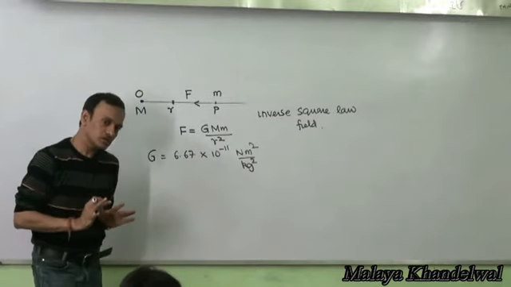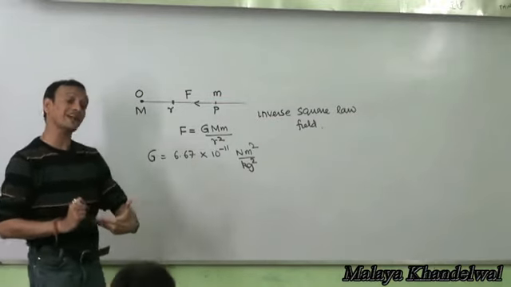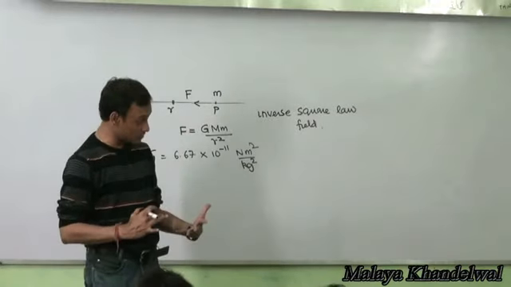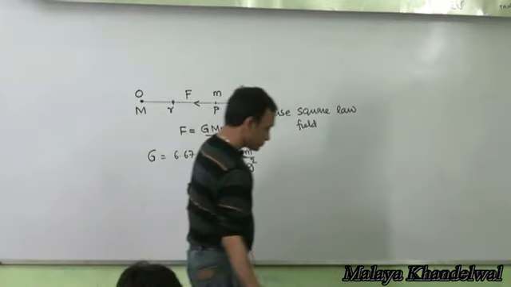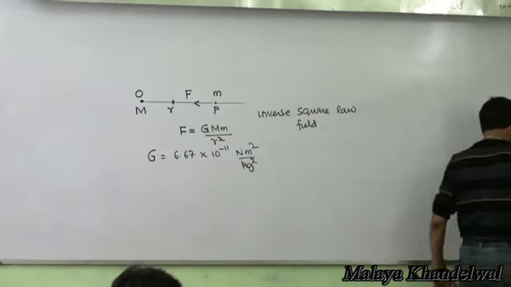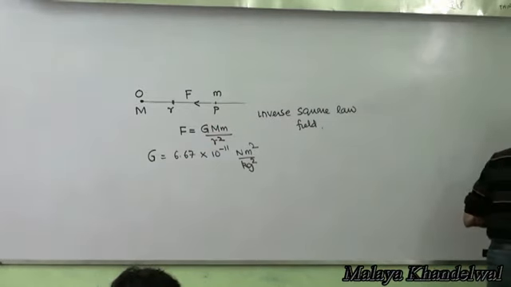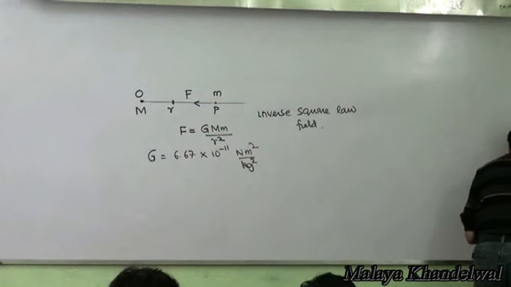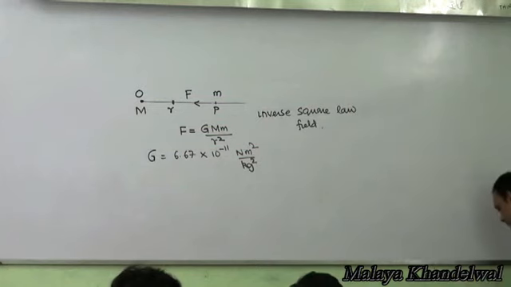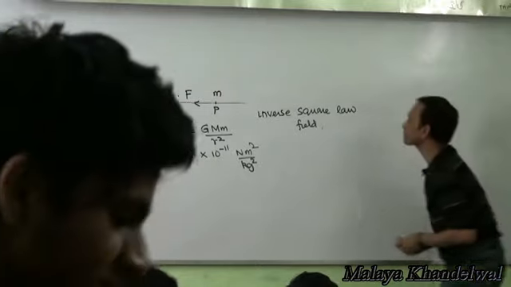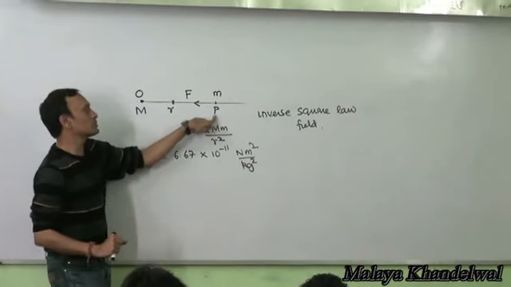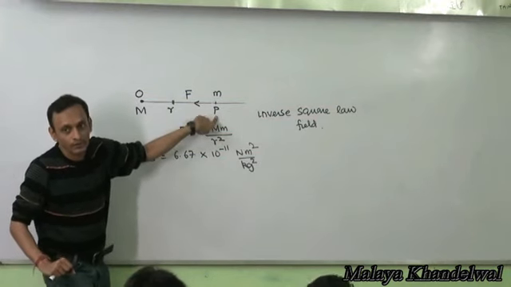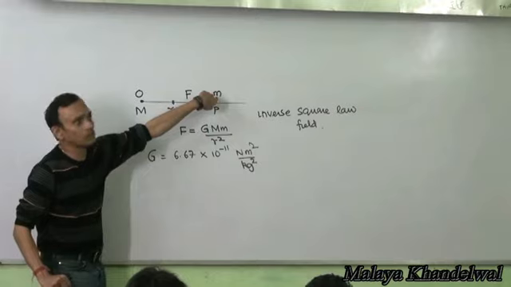It therefore is a conservative field. So with this field, I can associate a potential energy function at every given point. What I would now try and do is establish the potential energy at the point P of this field for a particle of mass small m.